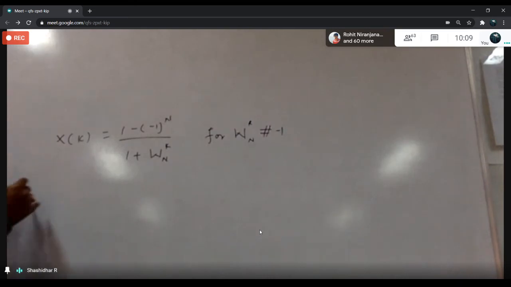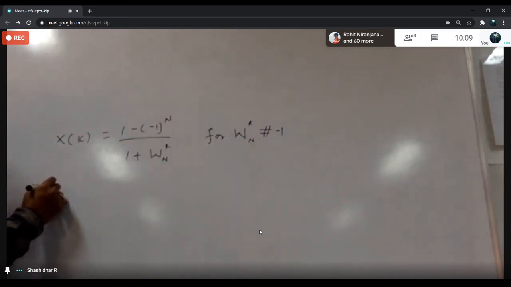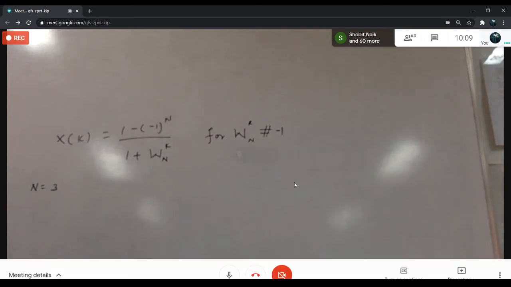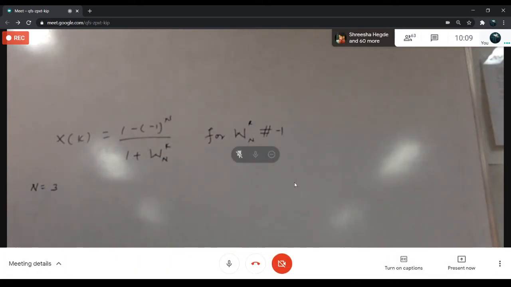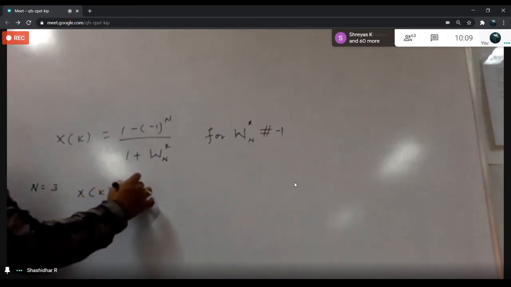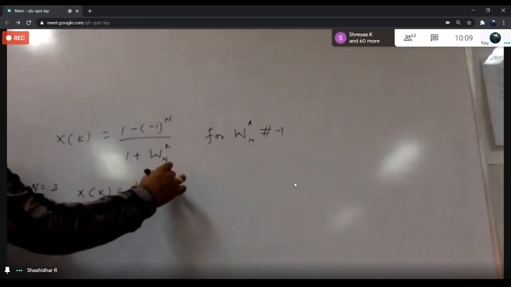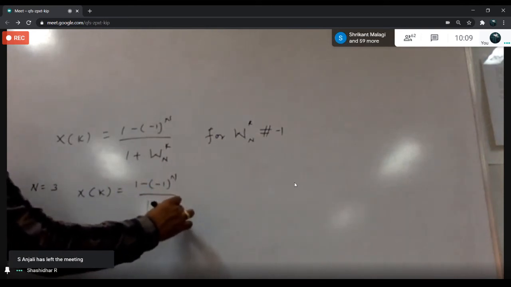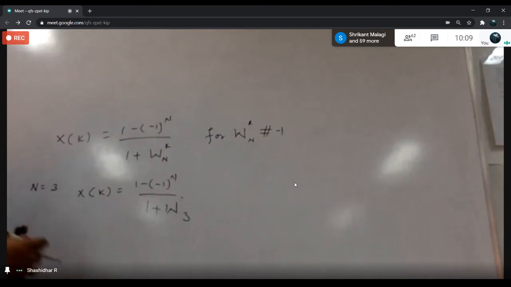So next I will take n is equal to 3. Okay, so then x of k is equal to, n value, k value.